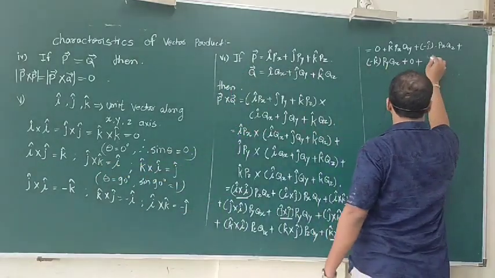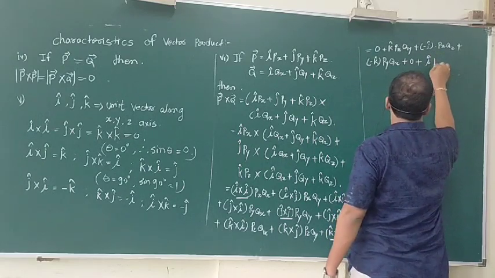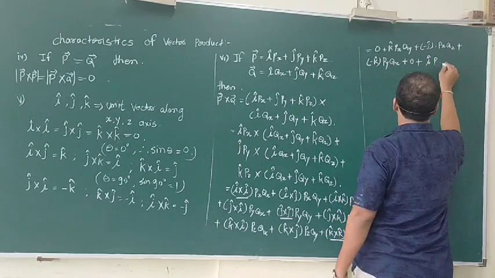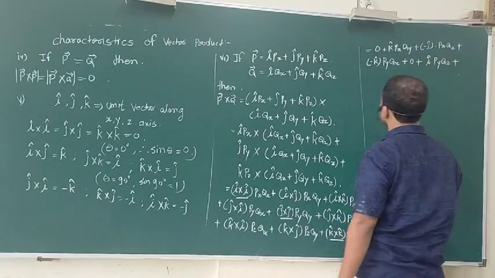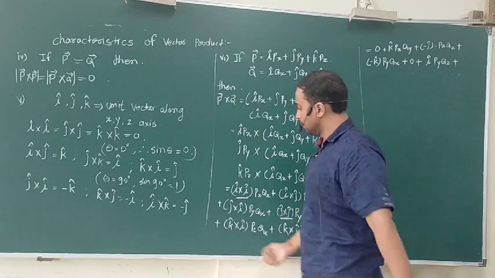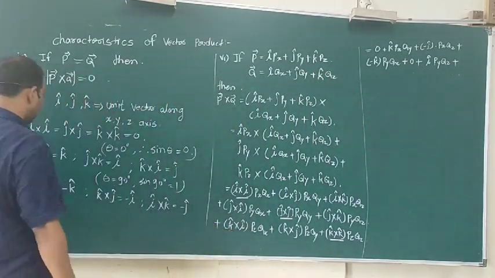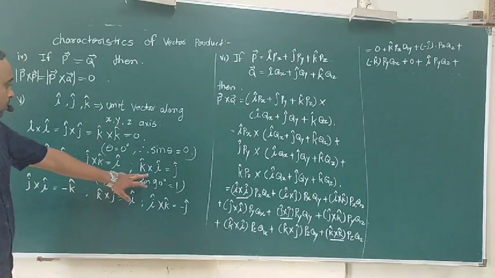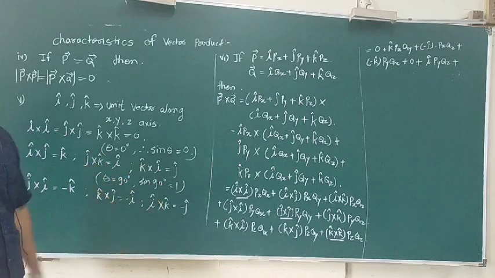That means i cap into py qz, plus see here k cap cross i cap is equal to j cap.